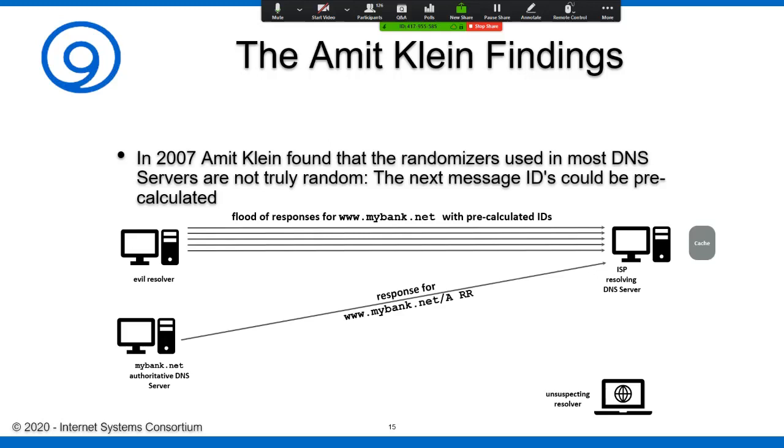If the pre-calculated one with the bad guy's information made it back to the ISP's recursive server before the response from the authoritative server, then it would be cached and the response from the bank would be dropped on the floor because the query that had been made had already been satisfied.